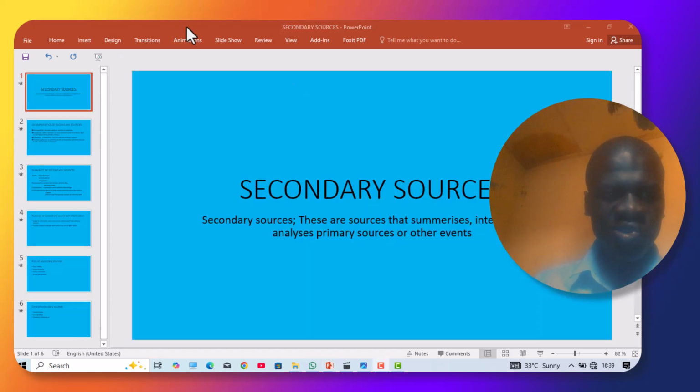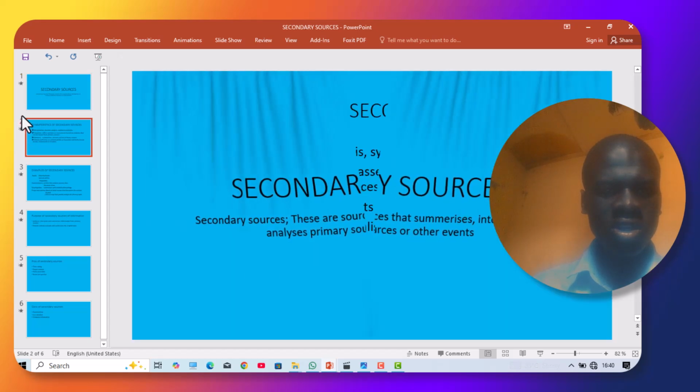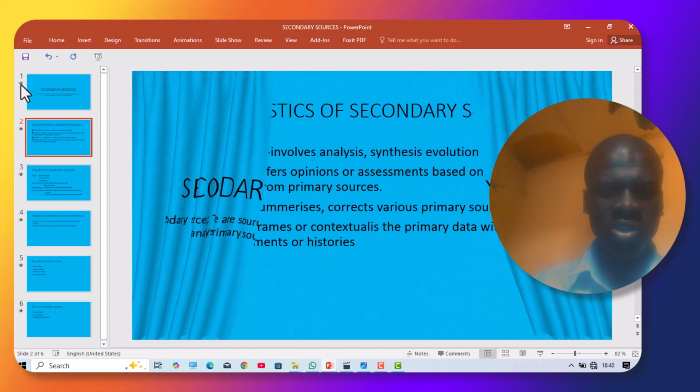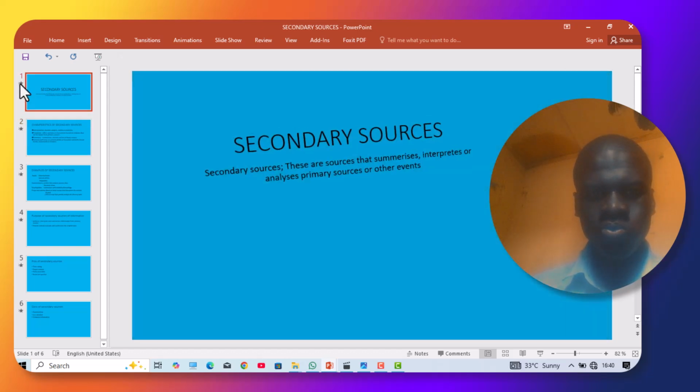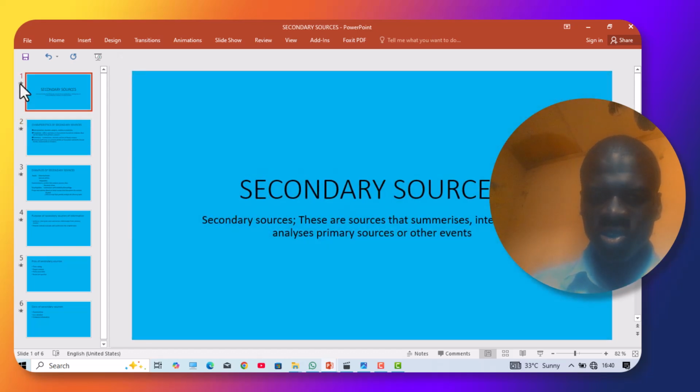So we are looking at secondary sources of information.